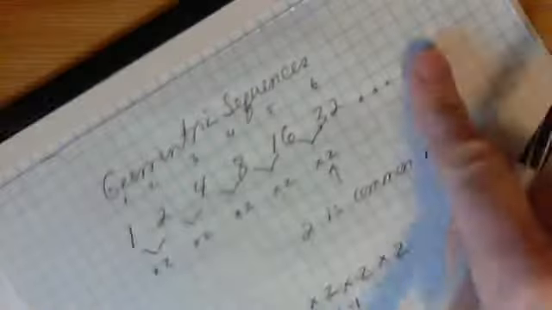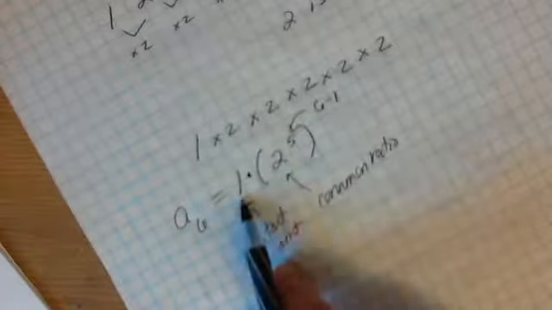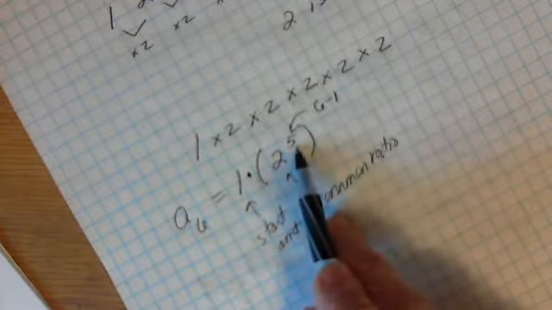Alright, now let's do that in general terms, because what if we wanted to find the 10th number in the sequence instead? Well, we'd use the same process, but we'd go a sub 10 is equal to our starting amount times 2 to the 10 minus 1 power. And then we would get our answer.